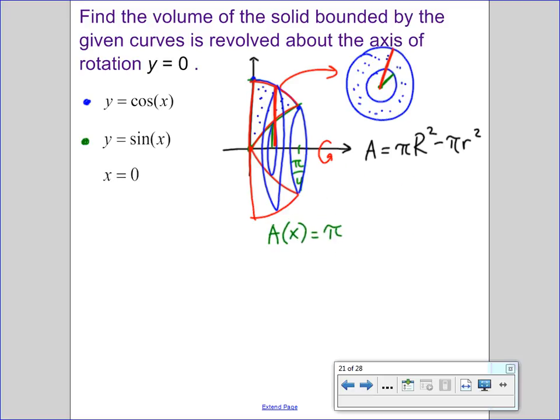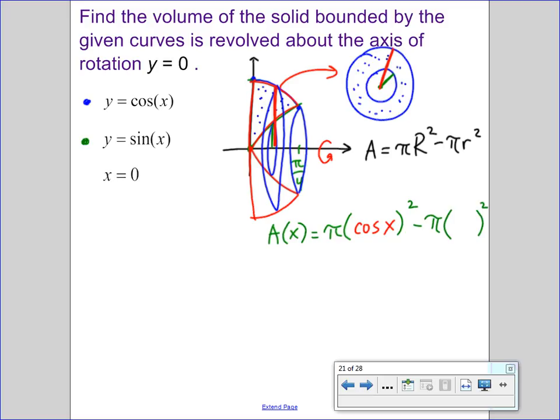A of x is given by pi times, what's my outer radius? Red squared. And my red function is which? Cosine x. Minus pi r squared.